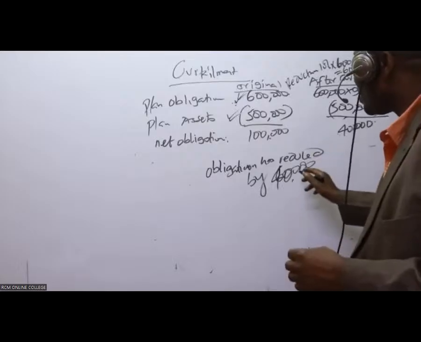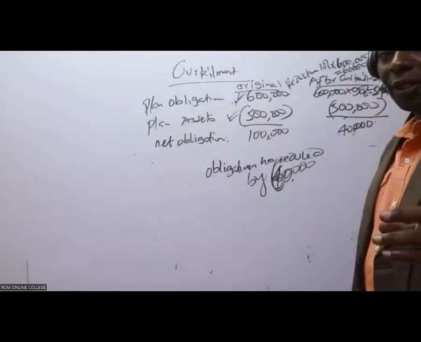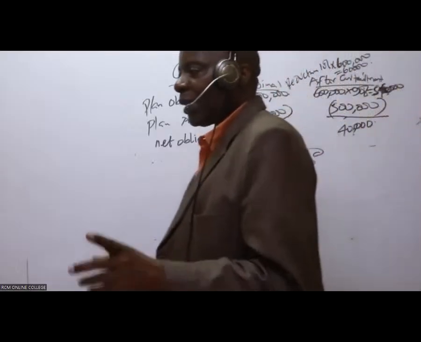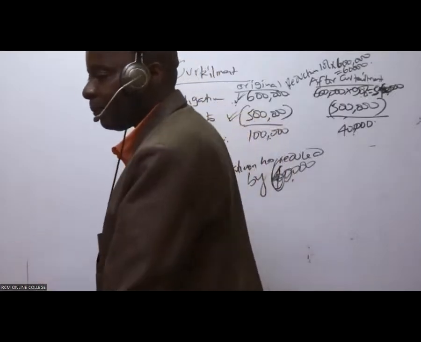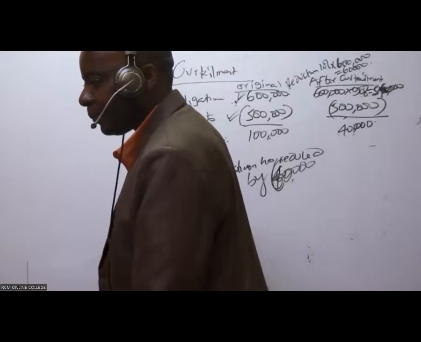So the obligation has reduced by 60,000. Is that okay?